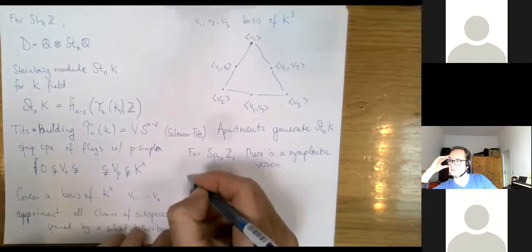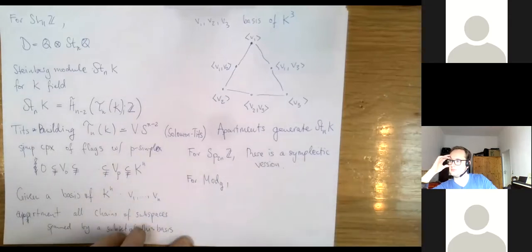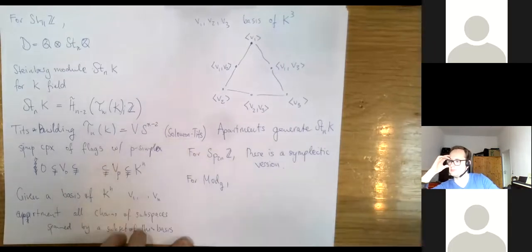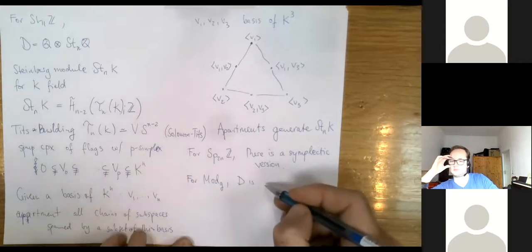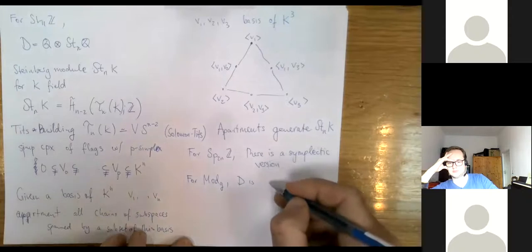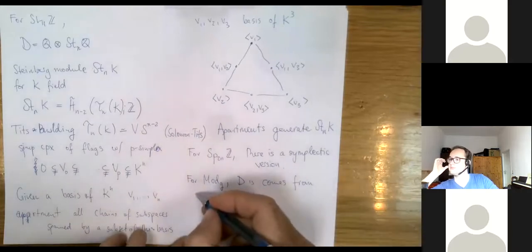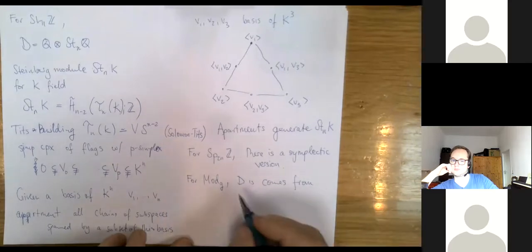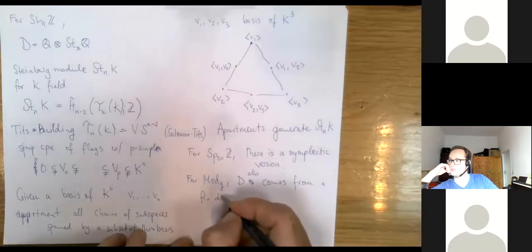All right. For the mapping class group, Harer found that there is a similar story using, instead of the Tits building, you use the curve complex, also a finite dimensional simplicial complex.